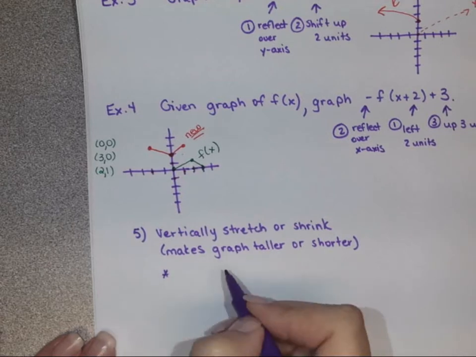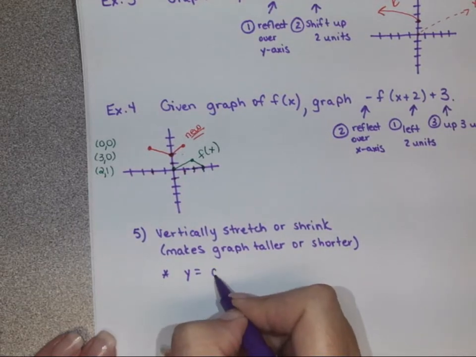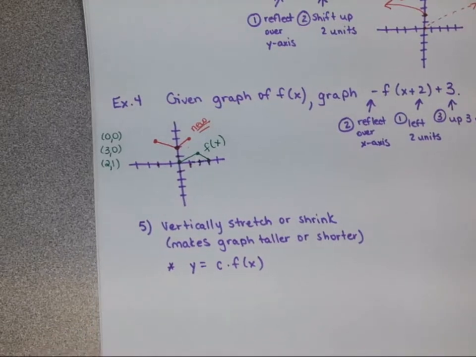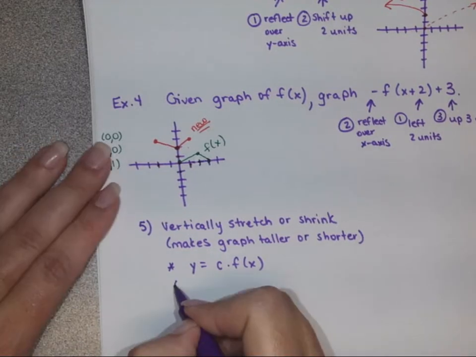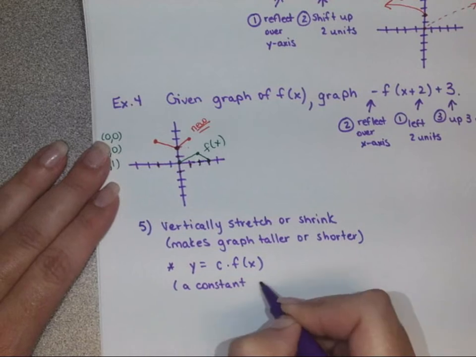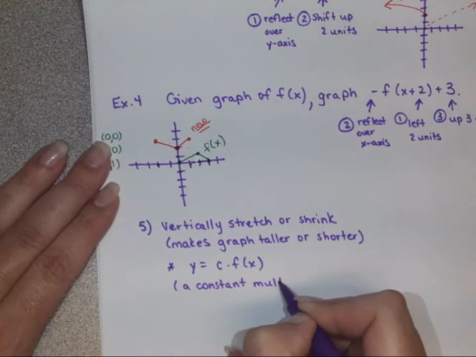So we're going to look at some examples, but this is how you're going to know that a vertical stretch needs to happen. So notice it's not like a plus or minus C, it's a multiplied C. So that's the explanation of what's happening. It's a constant multiplied outside the function.